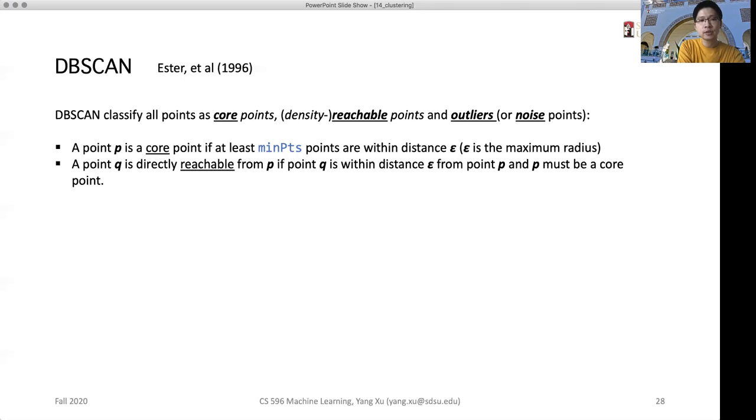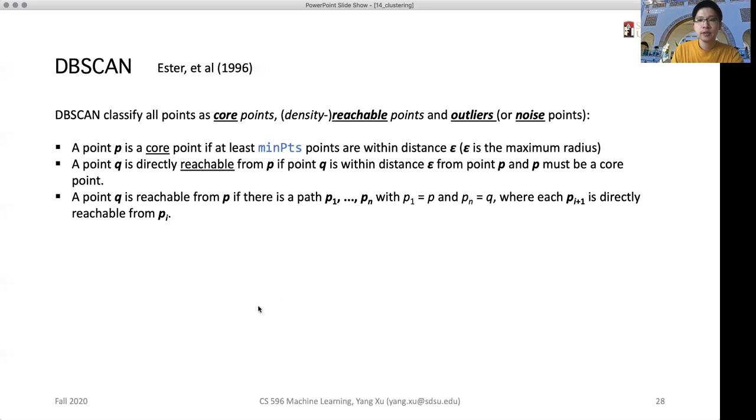And a point q is directly reachable from p if q is within the distance epsilon and p must be a core point. Then we say q is reachable from p. Okay, that also makes sense, right? As long as it is within a distance epsilon. And we can draw a path: if, for example, p2 is reachable from p1 and p3 is reachable from p2, and so on until we reach pn, then we can say that pn is also reachable from p1.